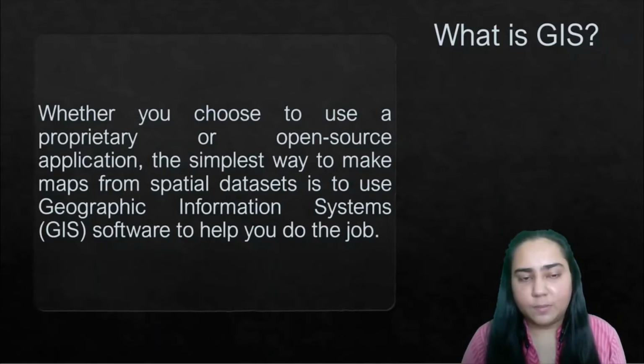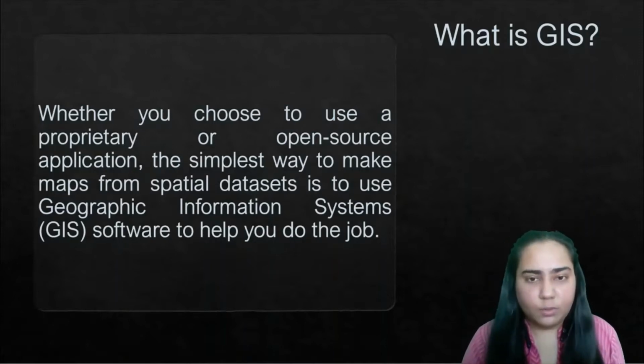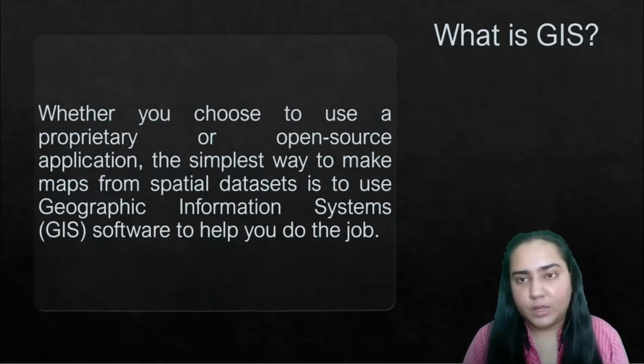So if you are given some spatial datasets, which means you have some coordinates and some information about those coordinates, and you want to plot that and make a visualization of that, then there are two kinds of software or applications available, open source and proprietary. But no matter which one you use, the technology that you would be using is geographic information systems. So if you know that, then you can do the job very well.